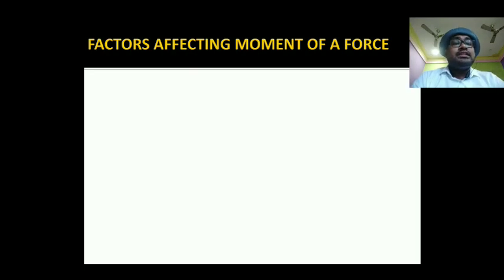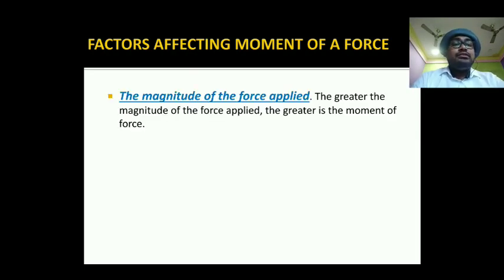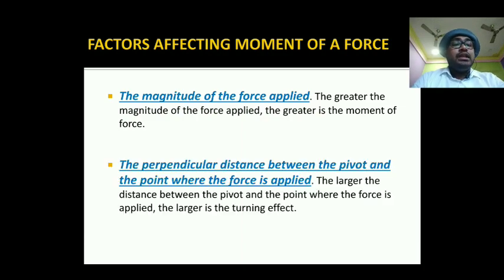Next, we have the factors affecting the moment of a force. The first one is the magnitude of the force applied. The greater the magnitude of the force applied, the greater is the moment of force. Then the perpendicular distance between the pivot and the point where the force is applied. The larger the distance between the pivot and the point where the force is applied, the larger is the turning effect.